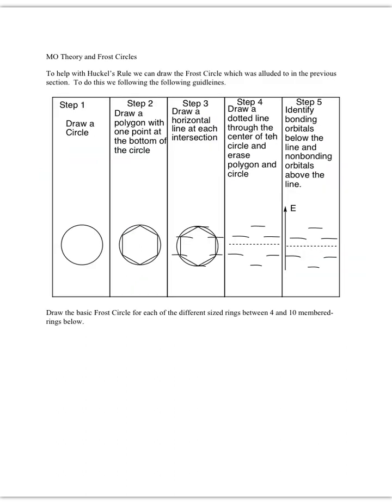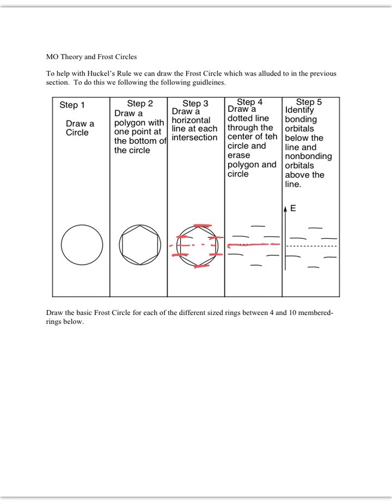So another easy way to do this is we can draw the Frost circles, where we draw a circle, draw the polygon inside the circle with 1 point at the bottom of the circle. Okay, then draw the horizontal line through each carbon of that polygon, and then draw a dotted line through the center of it.